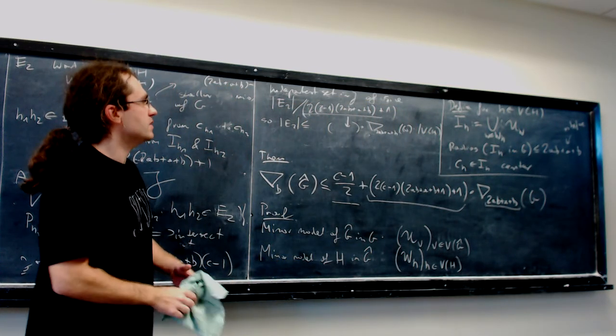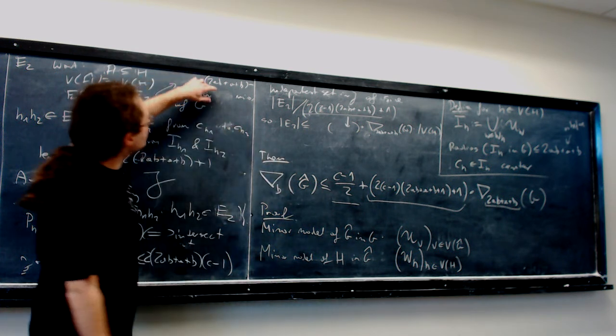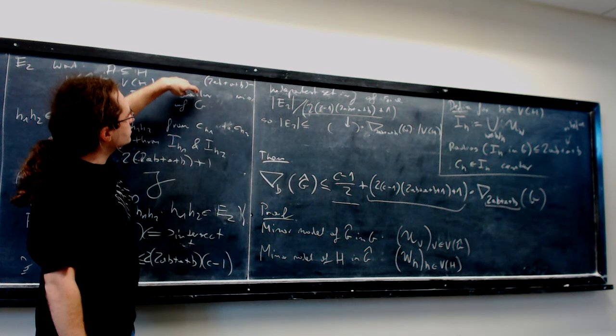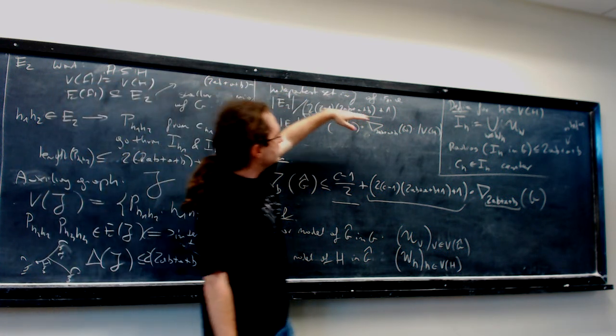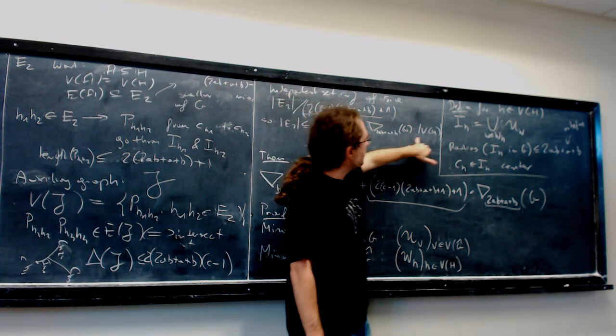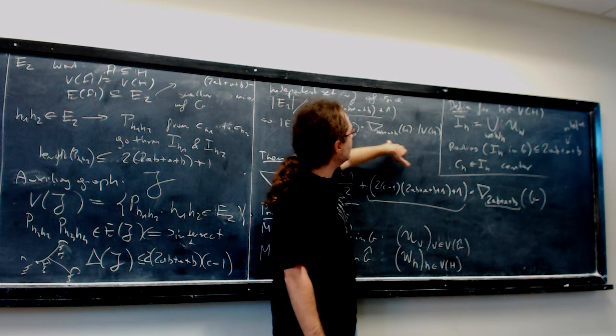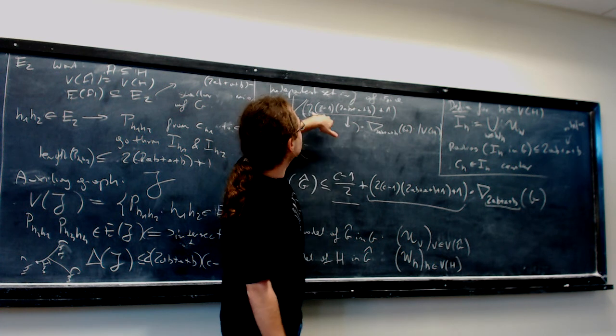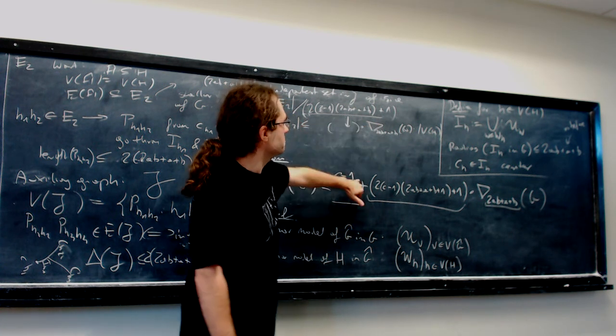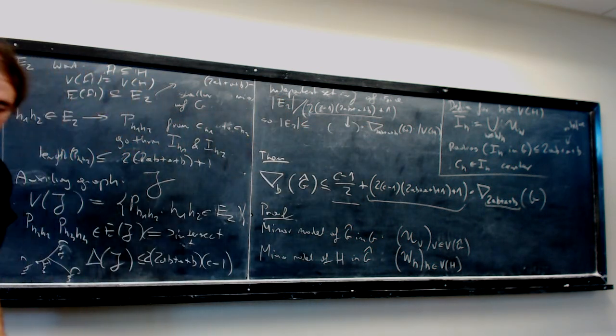Okay, because I obtained a normal shallow minor model of this shape of G, which means that its number of edges is bounded by this one, because that's the definition of this nabla. Okay, and I lost this fraction of edges on the way there. I was trying to give some intuition.